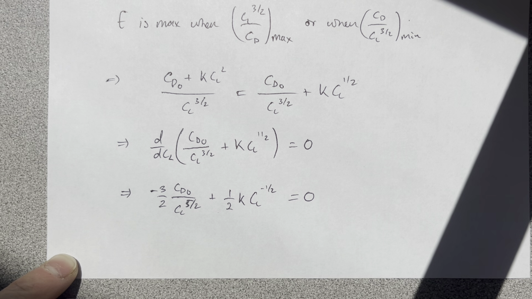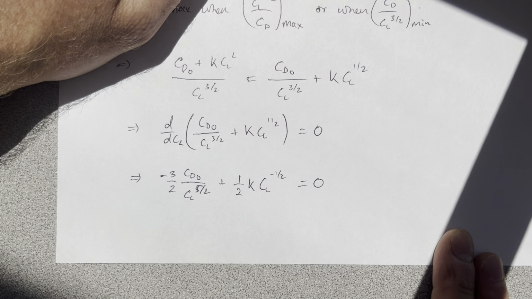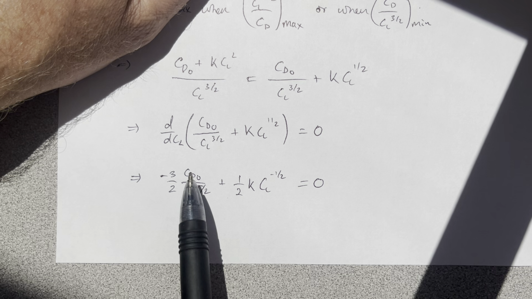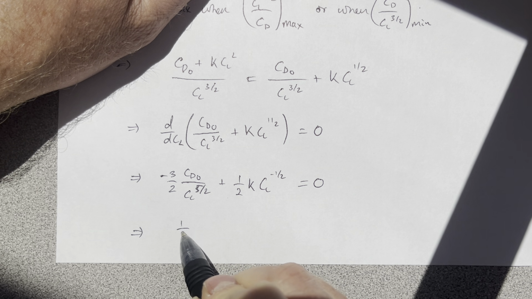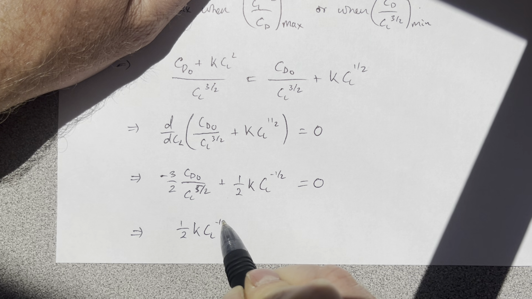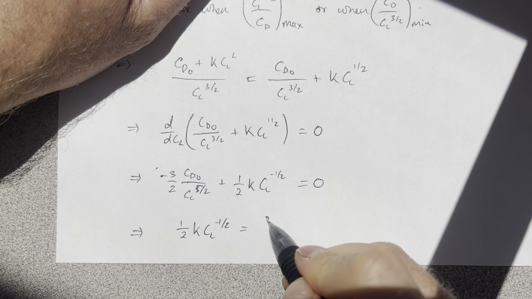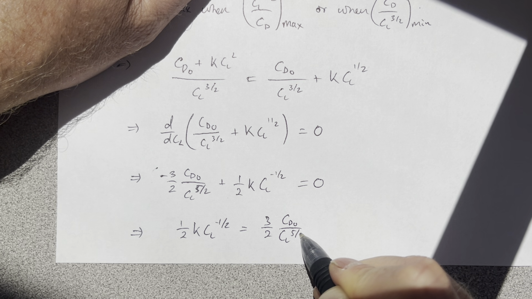And we're setting that equal to 0. So solving this, if we take this term to the right hand side, basically adding this term to both sides, 3/2 CD0 over CL to the 5/2.